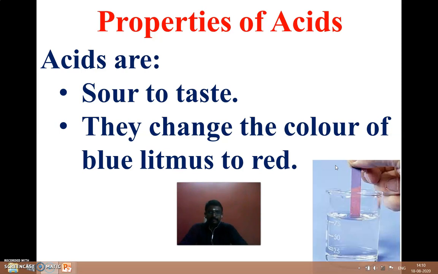If we dip blue litmus paper in acid solution, it turns red. From that we can easily identify acids.